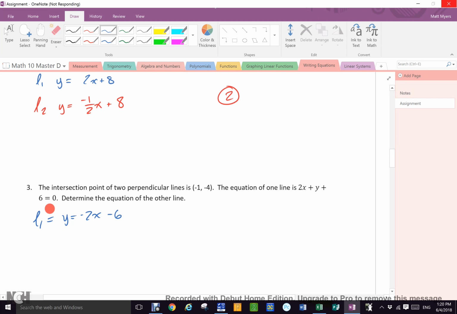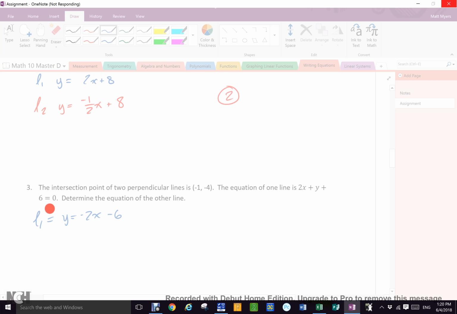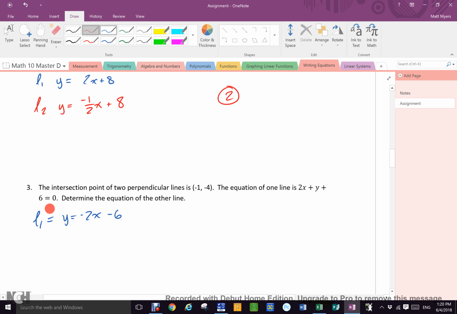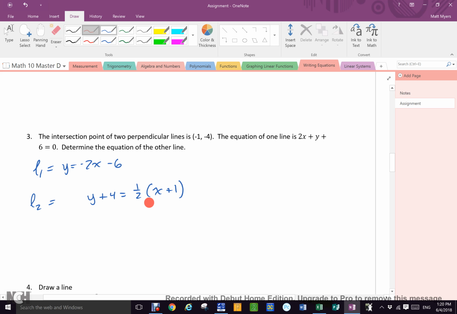So line 2 is y plus 4 equals perpendicular slope 1/2 x plus 1. And of course, all the versions of that equation are allowed. That is also out of 2. Does anybody need to see another version of that, or see what I would do with that? Okay.